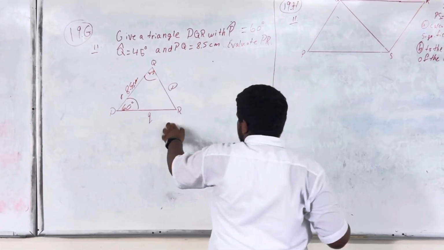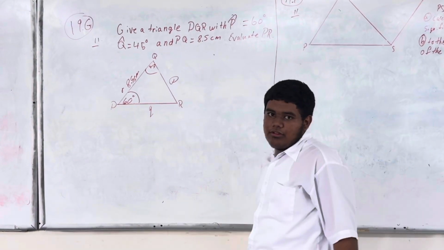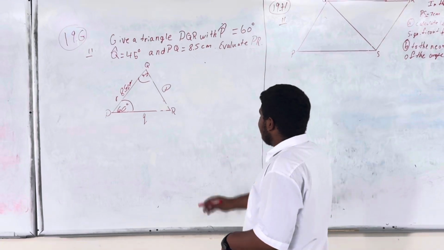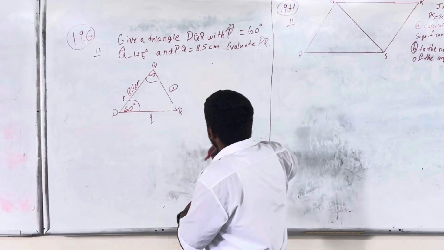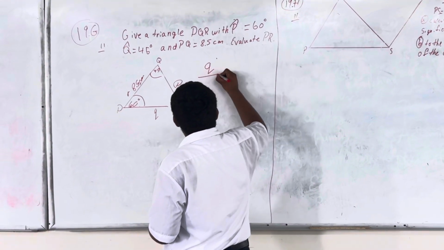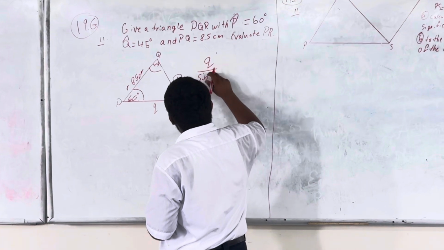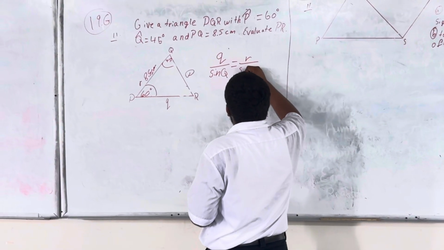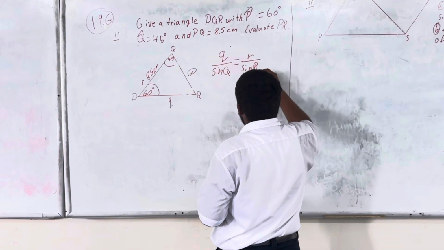Evaluate PR, which means we're looking for q. Already knowing that Q is here, we can now find this side using the equation q over sine Q equals r over sine R.